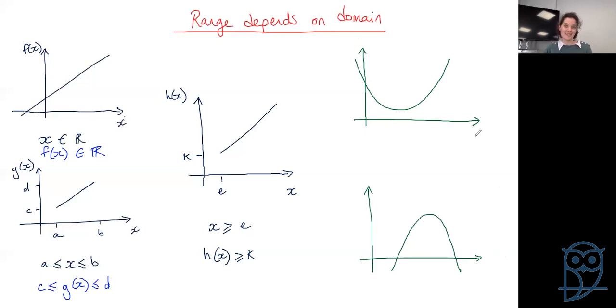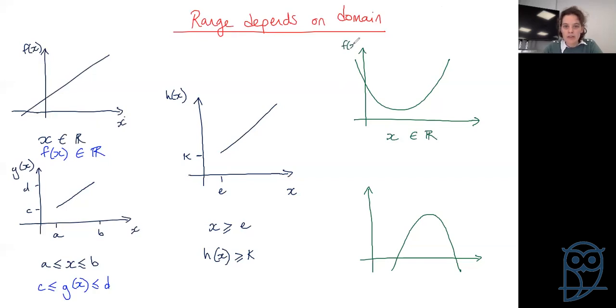Okay, quadratics. Now, this is where we are heading. We are heading away from the safety of linear functions into the much more interesting world of quadratic functions. But first we've got to really understand the domain and the range of our quadratic. So starting off with our basic quadratics, we can say that x is an element of any real number.